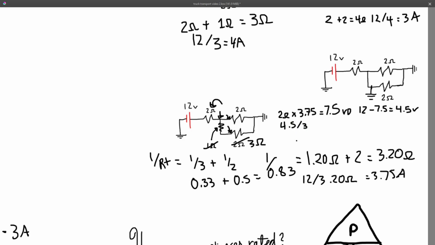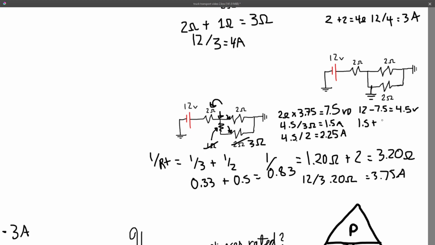So we'll do the 3 ohm resistor first, which will give us 1.5 amps. And then we have our 4.5 divided by 2, which is 2.25 amps.